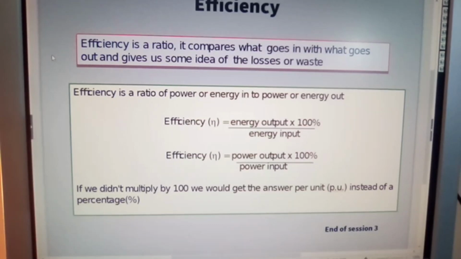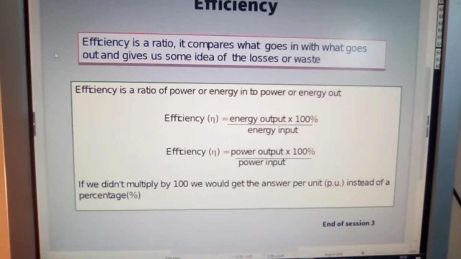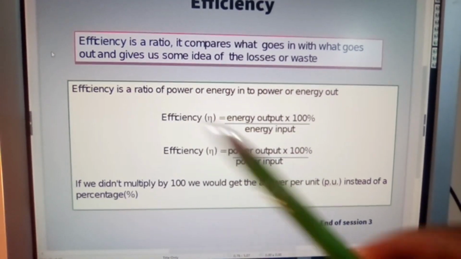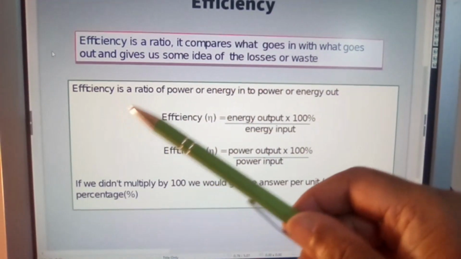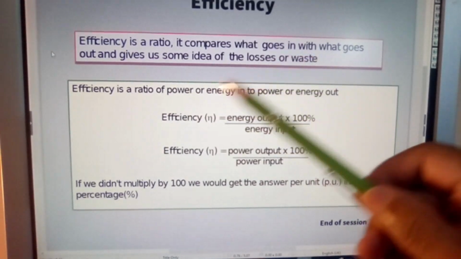Now efficiency. Efficiency is the ratio. It compares what goes in with what goes out and gives us some idea of the losses or waste.